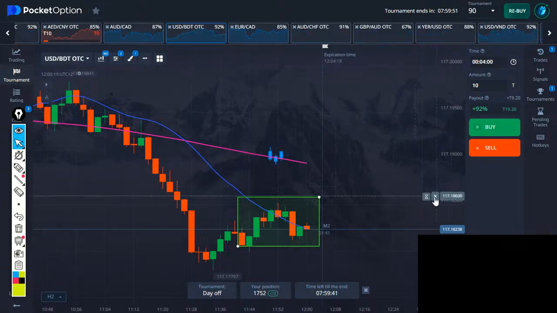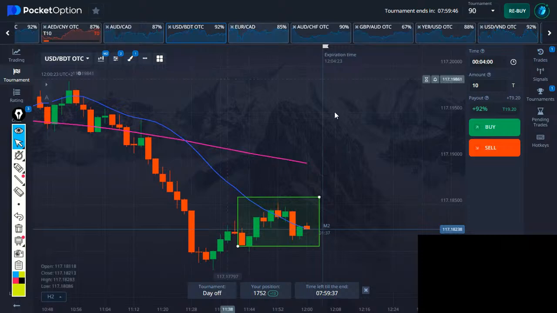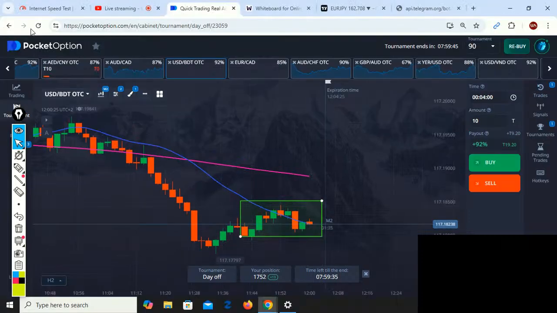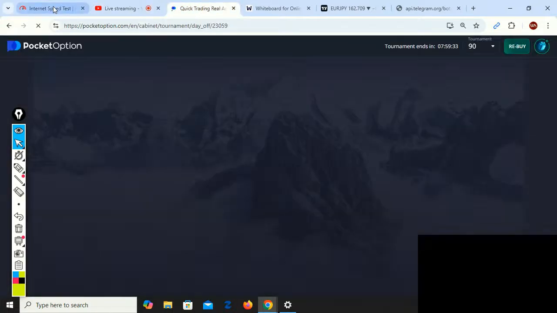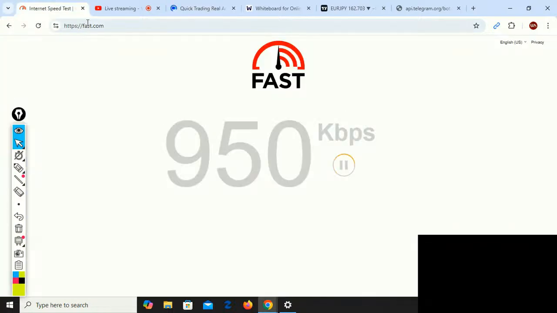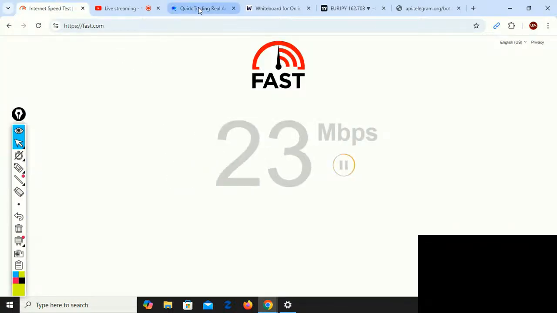Let me remove this because it isn't valid anymore. Also, I need to refresh. Don't know why it's taking time to load. This is nice. Okay.